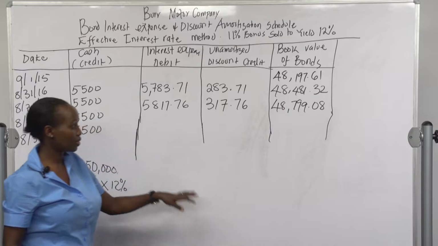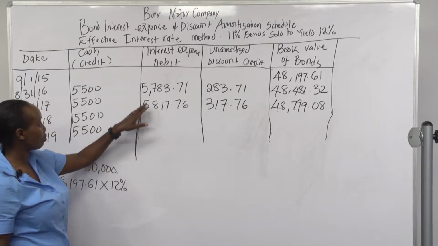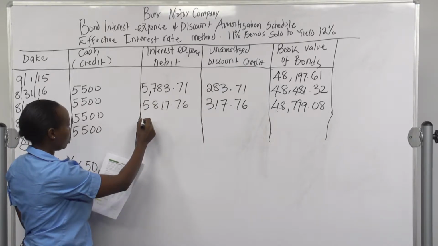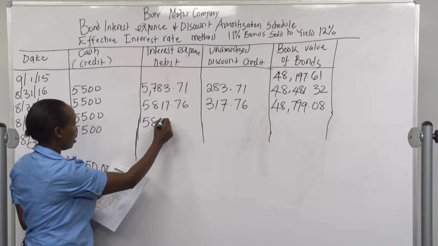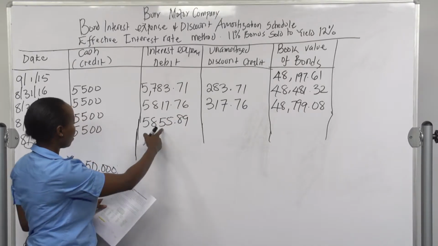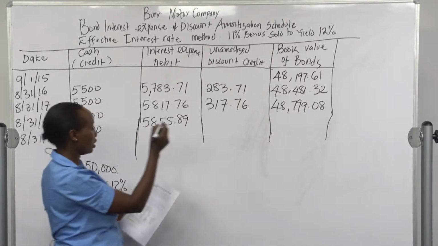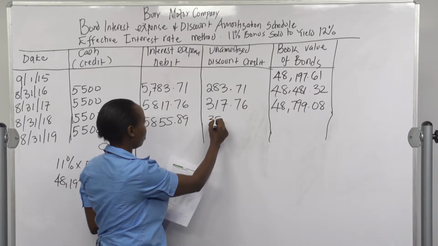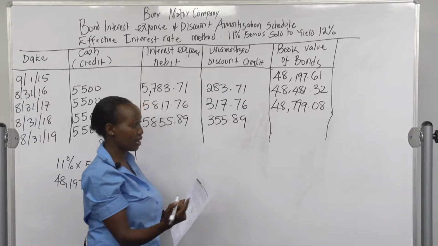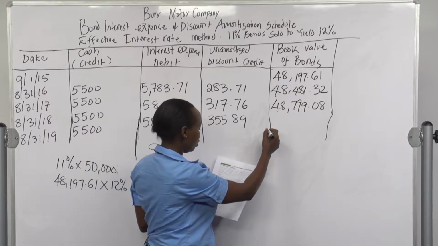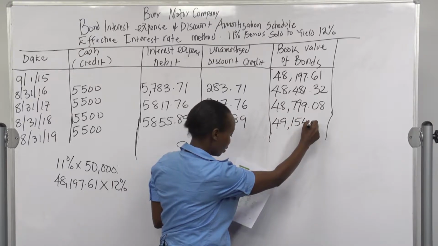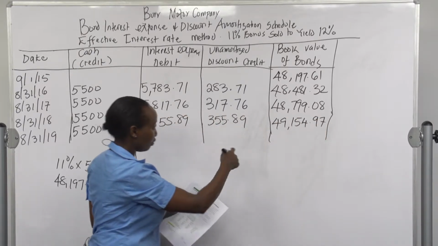We take $48,799.08, multiply by 12% to get the interest expense, and we get 5,855.89. We subtract 5,500, and we have 355.89. We add this to the last carrying book value. Now we're up to $49,154.97.